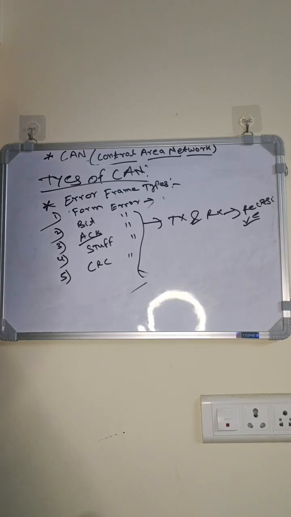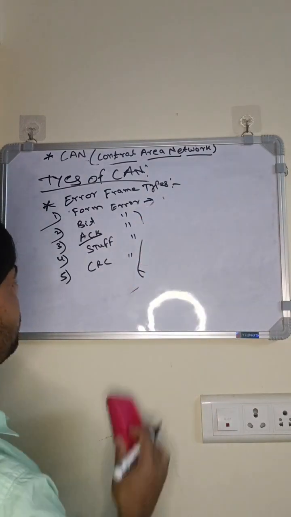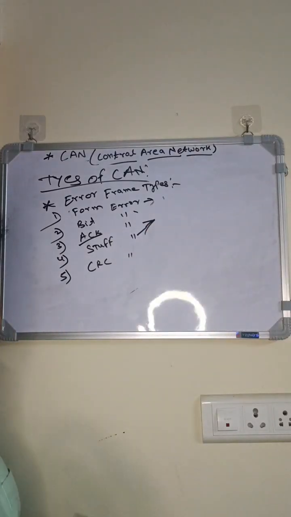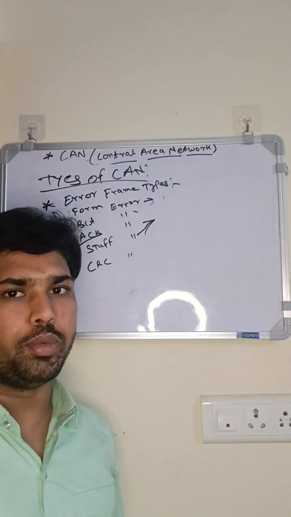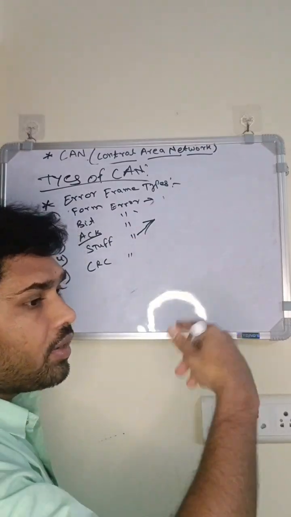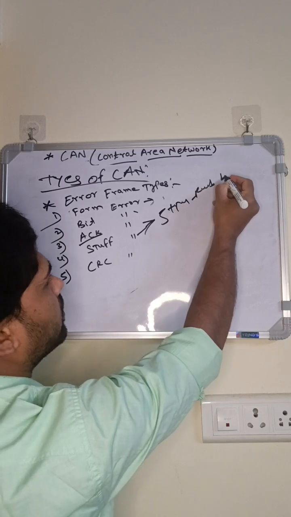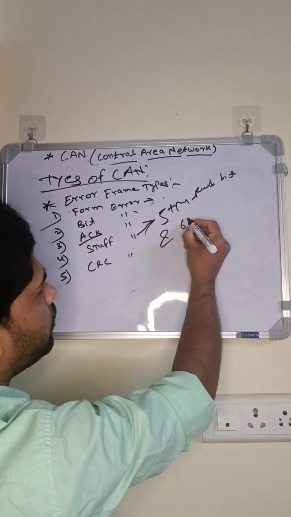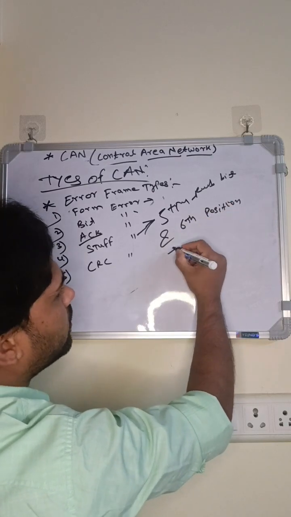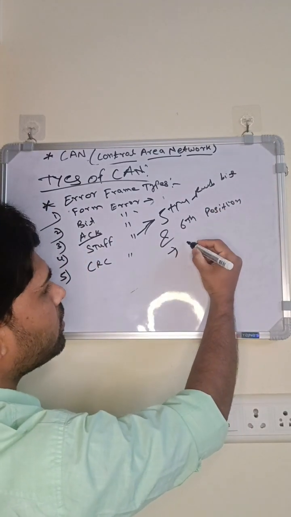Coming to the next error, that is the stuff error. In a stuff error, we are sending 5 consecutive recessive bits, and the sixth position has the same polarity, like you are sending recessive and then recessive in the sixth position also.